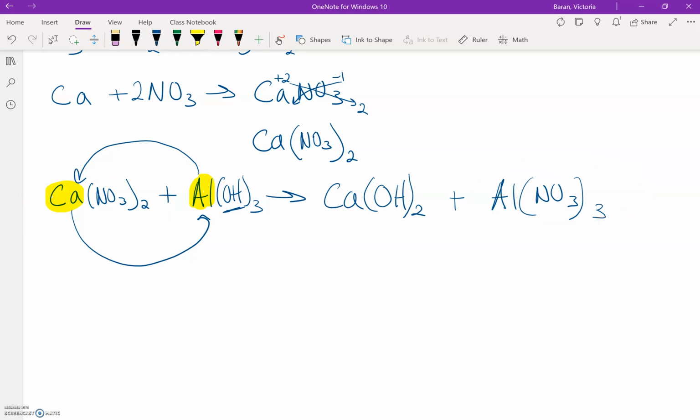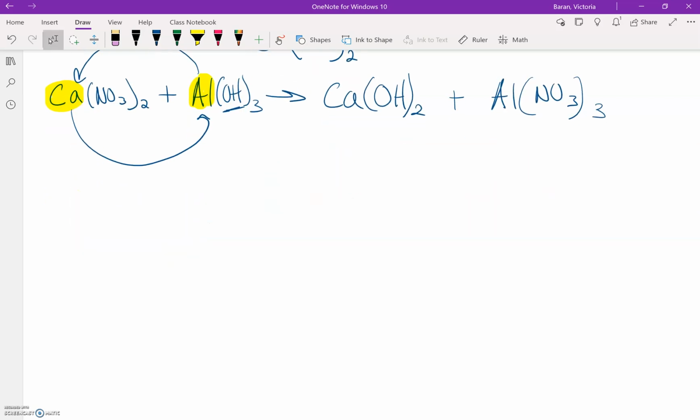So whenever you're doing a double replacement reaction like this, you just want to write what elements go together, find their charges, and then do the crisscross. I will go over balancing the overall chemical equation in a different video. And then I will write in some examples for you to do as practice.